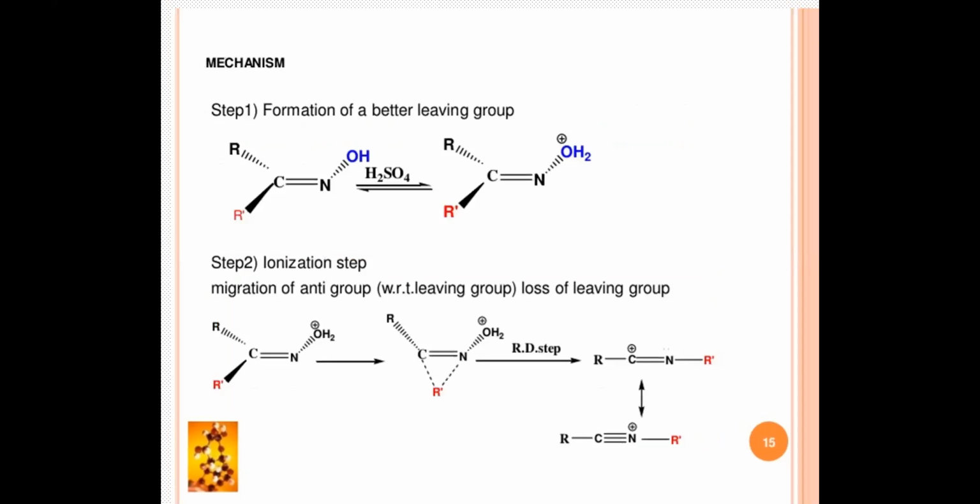Okay, now let's go for the mechanism. Your oxime is formed. You do the reaction in an acidic condition, so let us take an example of H2SO4. What is the first step? The OH in your oxime gets protonated.